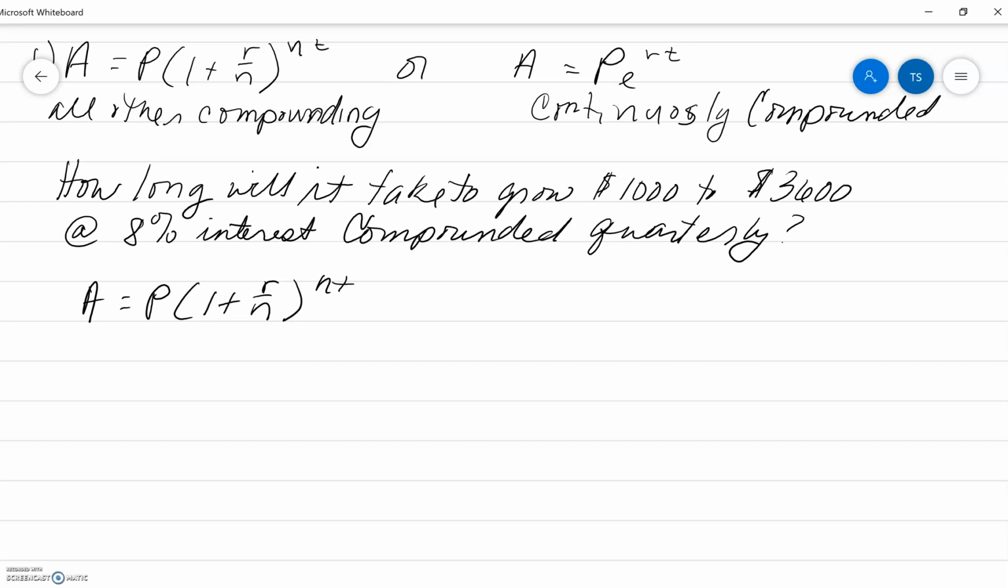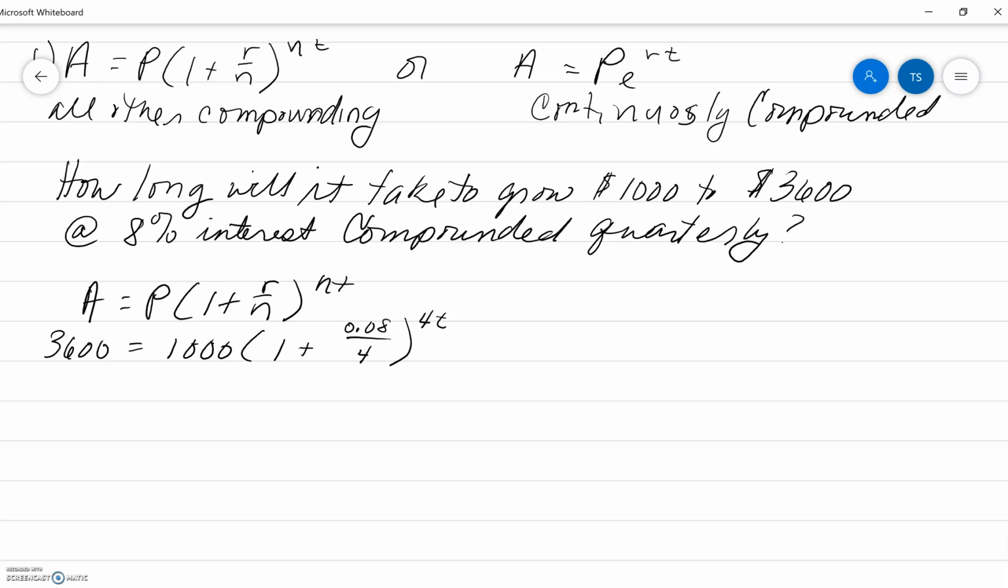We know our final amount, our initial amount, and the number of times compounded per year. We know everything except for t. So let's substitute everything we've got. Our ending amount is 3,600. Starting amount is 1,000. 1 plus 0.08 over 4 to the 4t power.